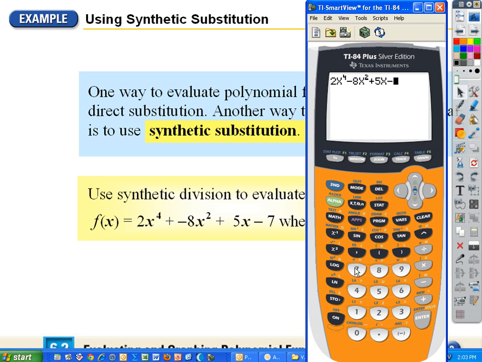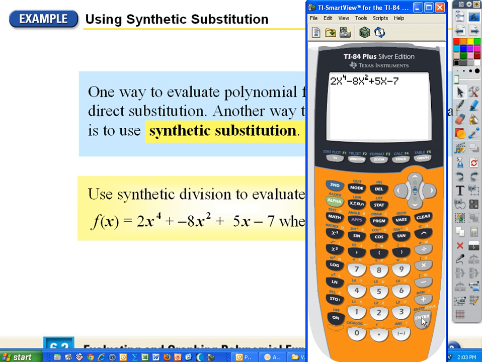And then if I hit enter, I'm going to get back probably some gibberish answer. Now that's just based on whatever the last value of x was that was stored in the calculator. And who knows why? It might have been from a graph. We don't know. But whatever it was, when I plug it into that expression, that's the answer I get.